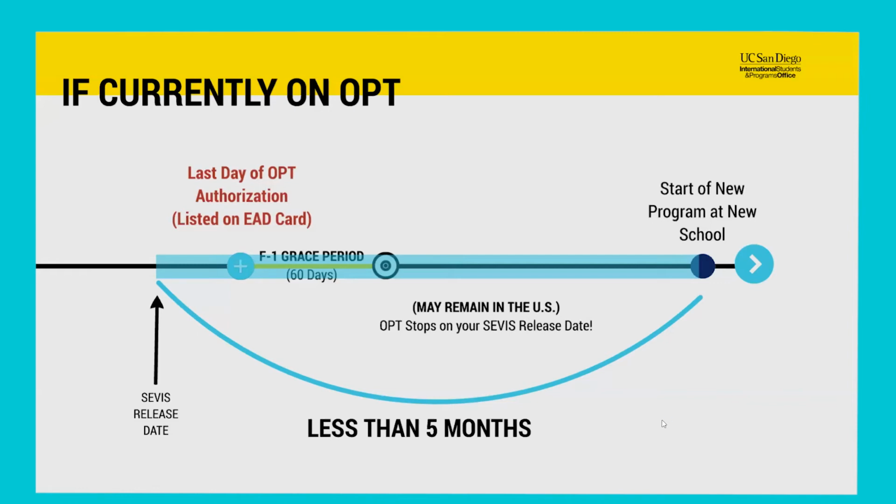You can work with your current institution and your DSO to figure out this timeline for you. But essentially, you just note that if you are planning to transfer your SEVIS record during your OPT period, OPT stops on your SEVIS release date. And again, you may remain in the US during the transfer pending period once you've released your SEVIS record to UC San Diego.